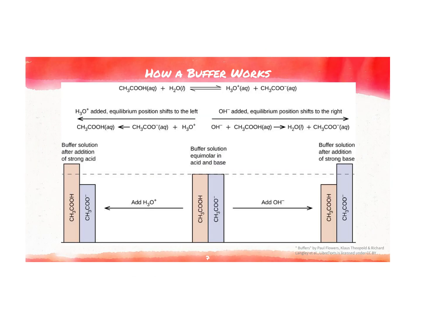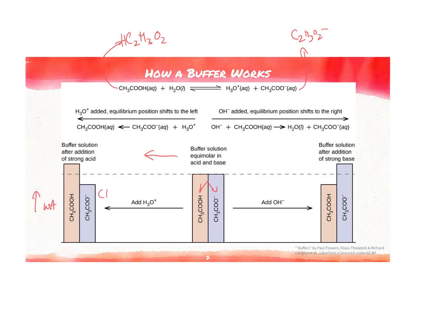We have this example here, this CH3COOH. This is just another way of writing HC2H3O2. And this here is just another way of writing C2H3O2 minus. And so it's acetic acid reacting with water. If you mix a little bit of the acid with a little bit of its conjugate base and I add H3O plus, you'll see that the concentration of the weak acid will increase.